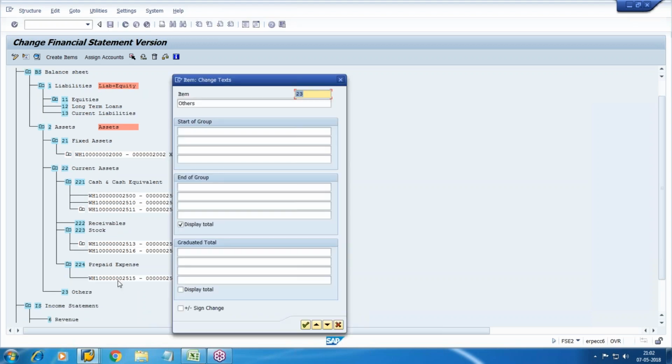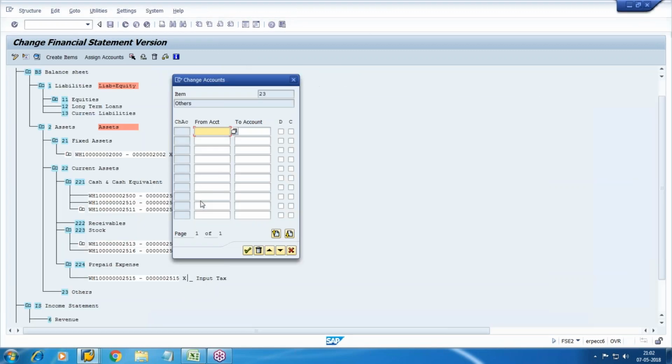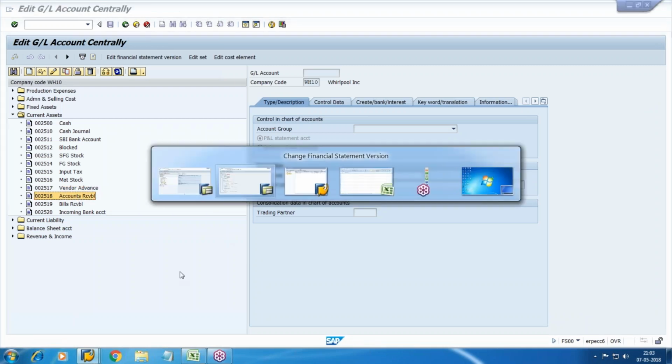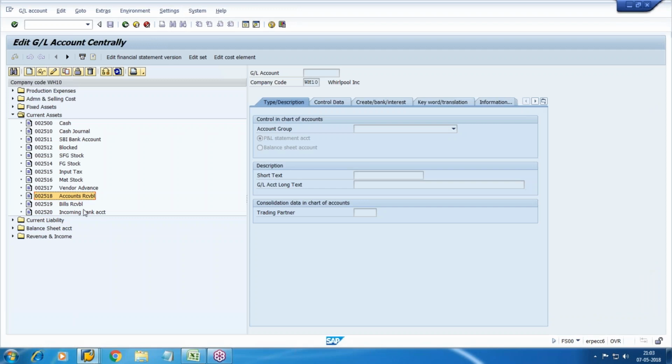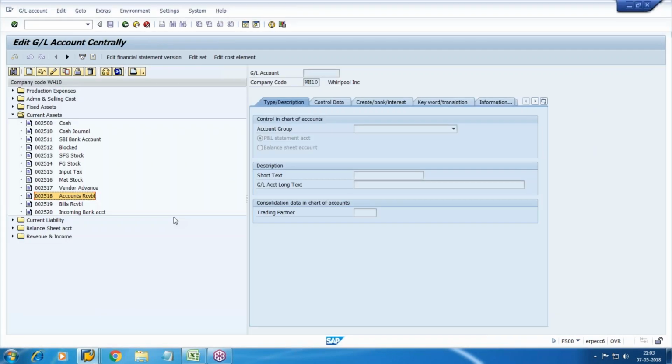It's there. Accounts receivable, two five one eight.